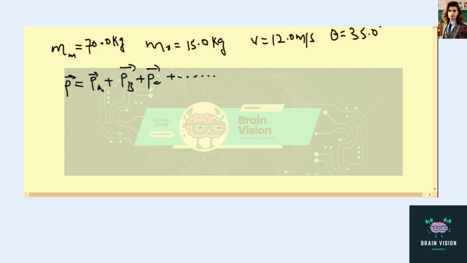Well, if the motion is in a plane, two-dimensional, then the equation becomes momentum along x-axis, Px, is equal to momentum of particle A along x-axis plus momentum of particle B along x-axis, and so on.